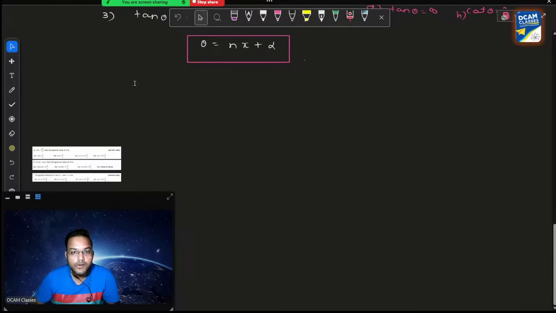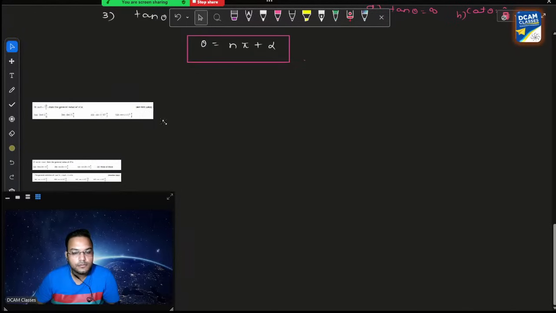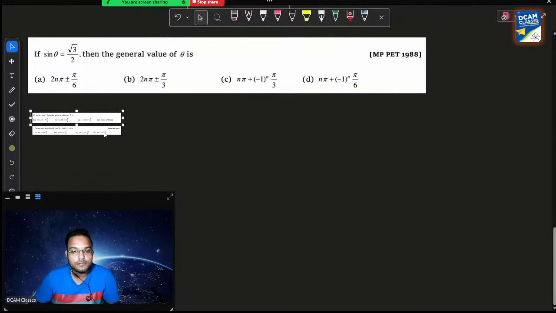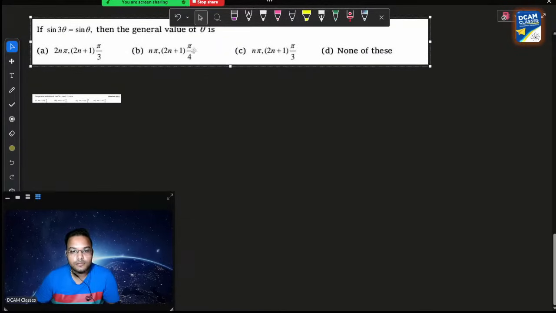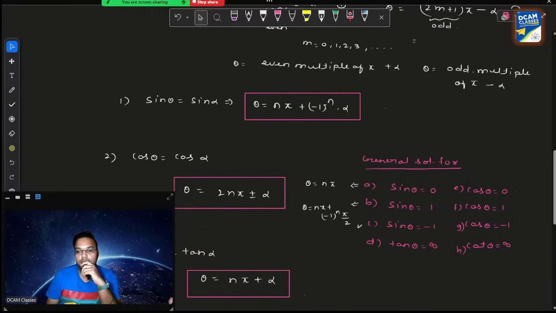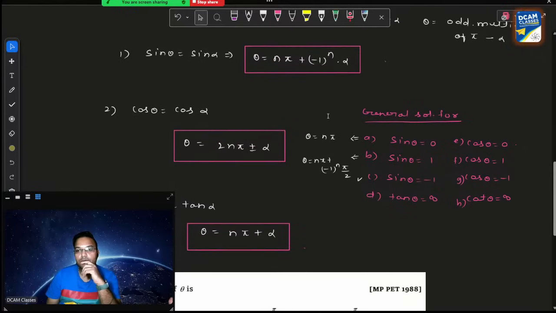So this is your first question. Can you show the general formula for sin theta equals sin alpha? n pi plus minus 1 whole power n into alpha.